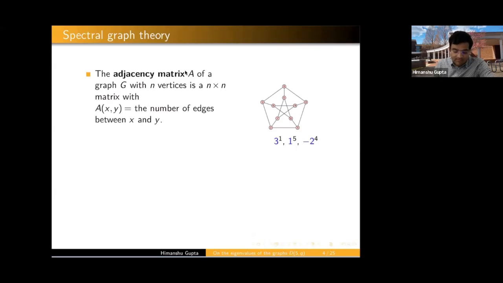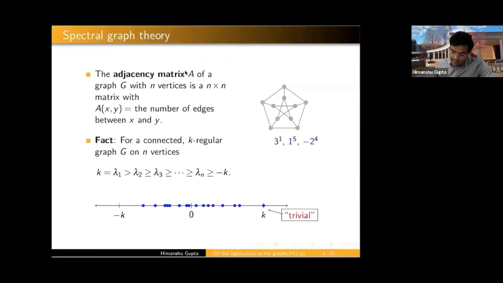Given a graph, the adjacency matrix of the graph is an n by n matrix whose rows and columns are indexed by vertices, and the (x,y)th entry is the number of edges between x and y. This is a symmetric matrix, so all of its eigenvalues are real and they exist. For example, for the Petersen graph, they are 3, 1, and -2 with respective multiplicities.